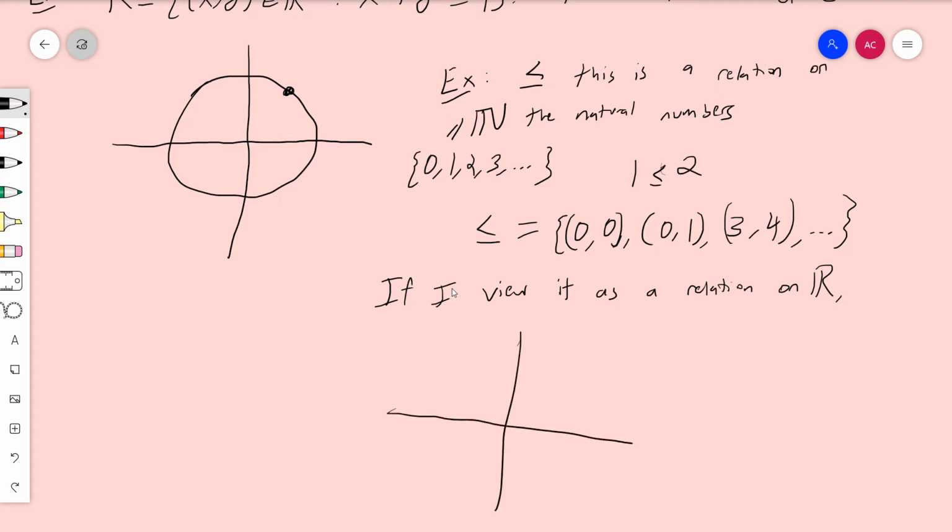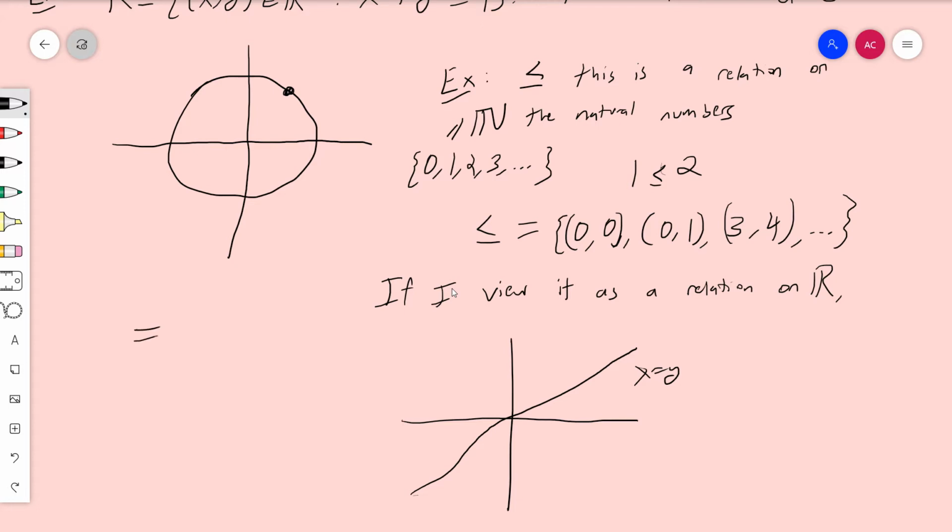So here's R2 again. And so it's the set of all xy such that x is less than or equal to y. So really, here's the line x equals y. Whoops, let me try that again. So here's the line x equals y. And that's a relation too. Equality is a relation. On anything you have equality defined on, you can look at equality as a relation.